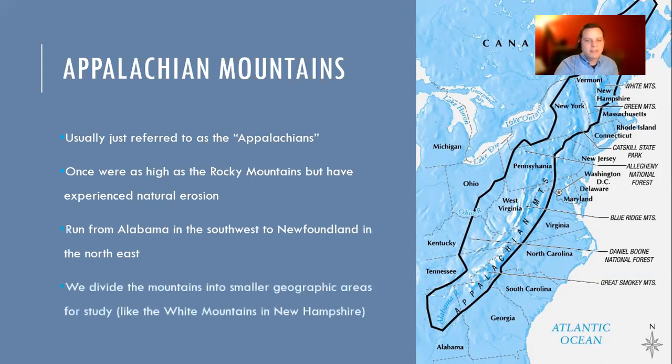So like I said, we divide them into smaller areas to be able to study them. And here you can see the different areas. So you've got the Great Smoky Mountains. That was the national park we looked at yesterday. All the way up, there's Blue Ridge Mountains. And then here we have the two mountains that we're talking about in New England. New Hampshire has the White Mountains.